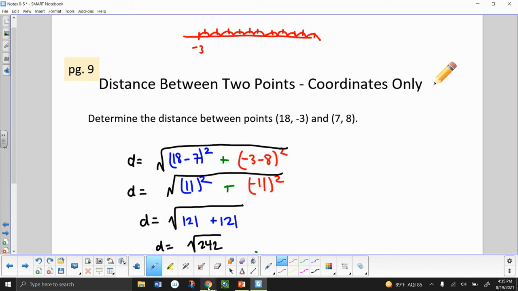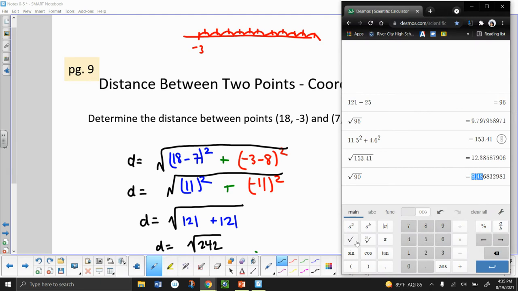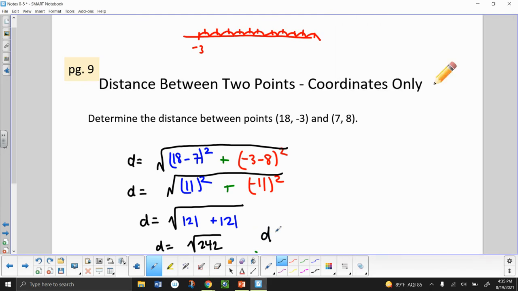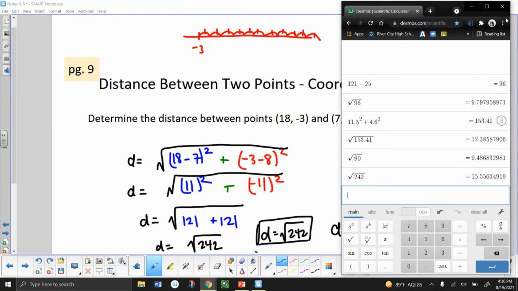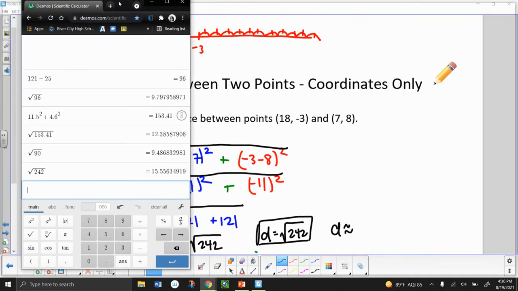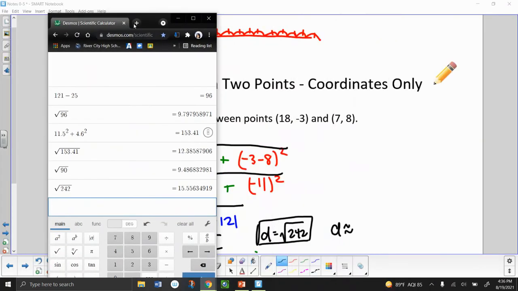And now let's put that in our calculator. We get a decimal, so I'm going to write two answers. Exact answer is square root of 242. And then my approximate answer, we're going to say 15.56.